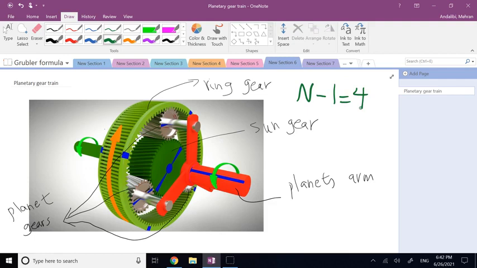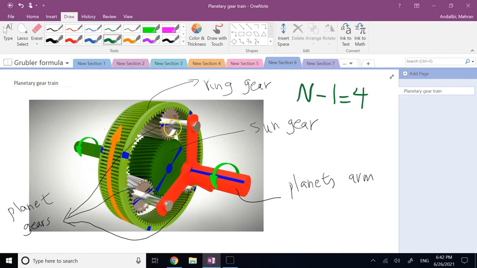And now, what are the constraints? Now it's not really 4, because if you count all of the planet gears, you really have 6 members that are moving. But here, for the simplicity of analysis, I only consider one of the planet gears. I'm not going to count all 3 of them. The degree of freedom is not going to change by adding more of these planet gears. And you can check it at home if you want.